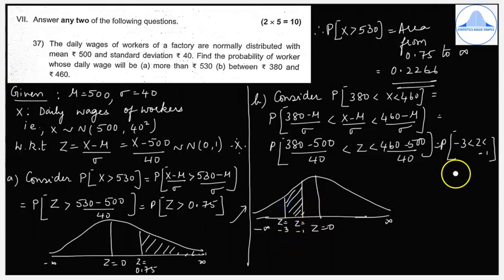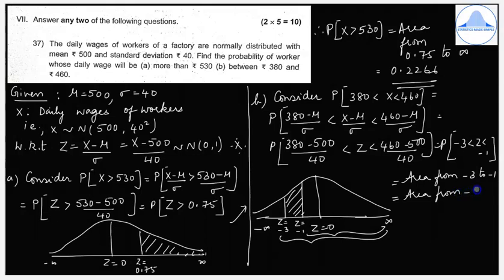Remember that the area which we have shaded is the area from minus 3 to minus 1. This we cannot find out from the tables. So we have to find the area from minus 3 to infinity and then the area from minus 1 to infinity. The larger area minus the smaller area will give us the shaded area. So this is equal to area from minus 3 to infinity minus the area from minus 1 to infinity.